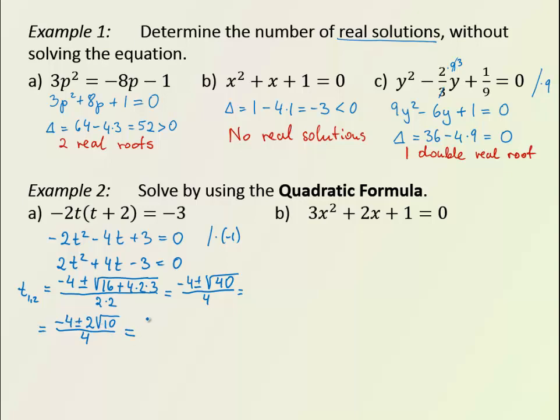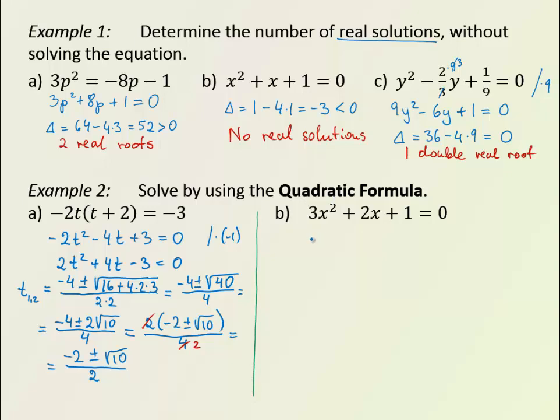So factor 2 from the numerator, negative 2 plus minus root 10. And now we are ready to reduce the 2 with the 4. So let's cancel this. That will give me 2. And the final answer would be negative 2 plus minus the square root of 10 over 2. Those are the two solutions for the first question.